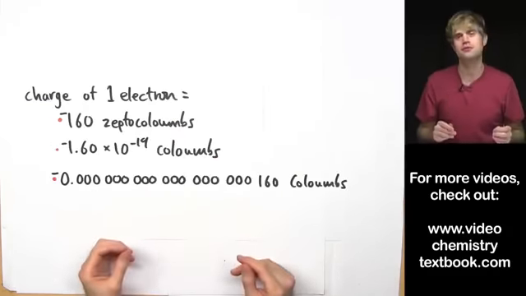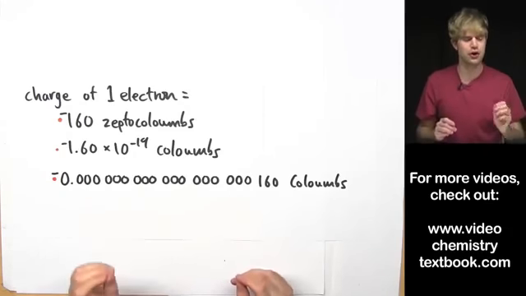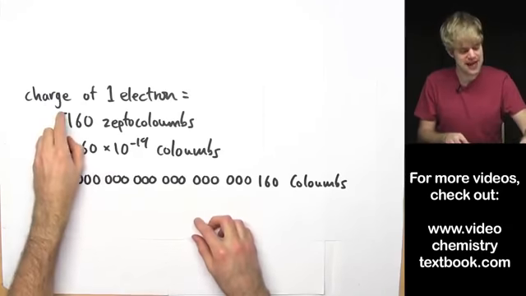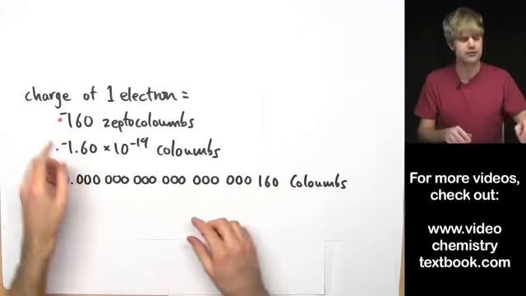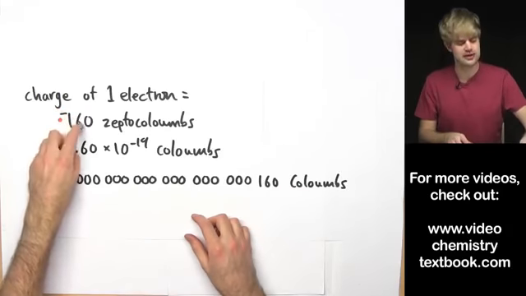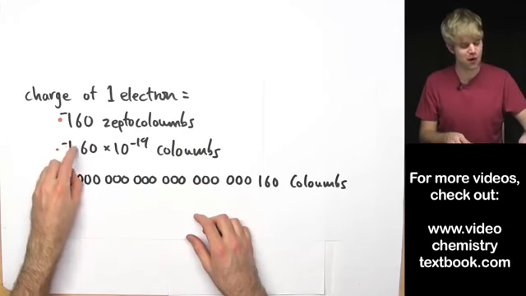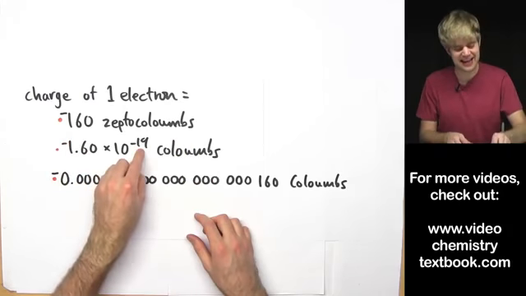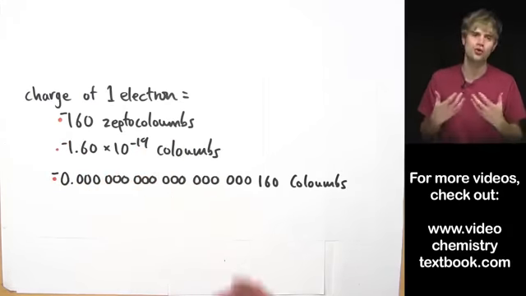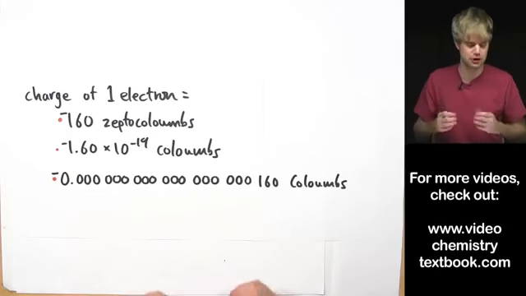So based on this information, they're able to determine that the charge of 1 electron is negative, remember, because electrons are negative, is negative 160 zeptocoulombs. You can also write this as negative 1.6 times 10 to the negative 19th coulombs. Coulombs are just a unit that you use to measure charge.